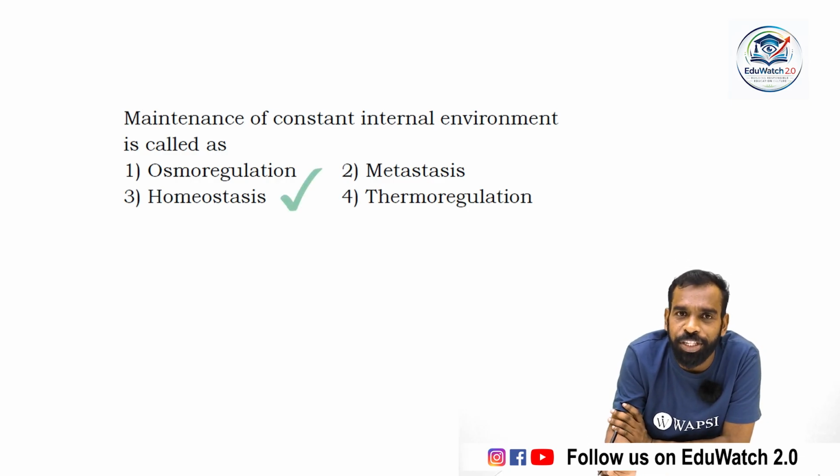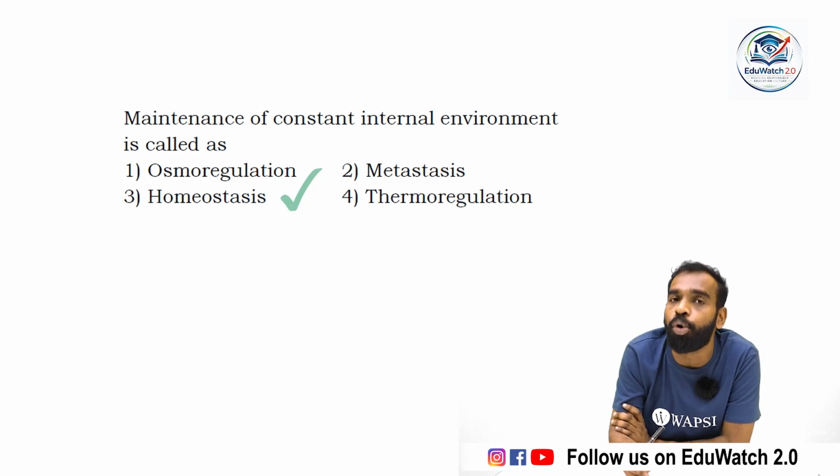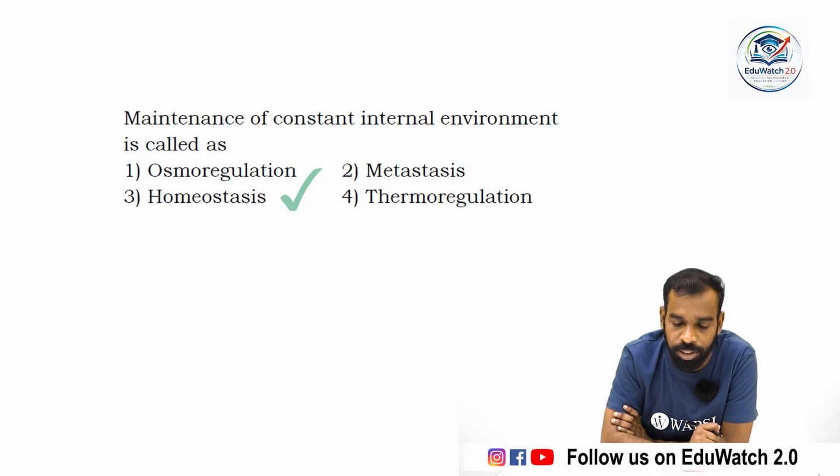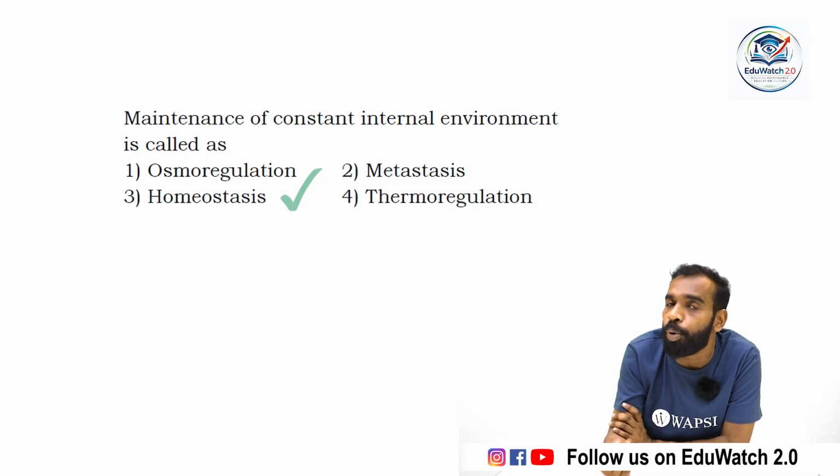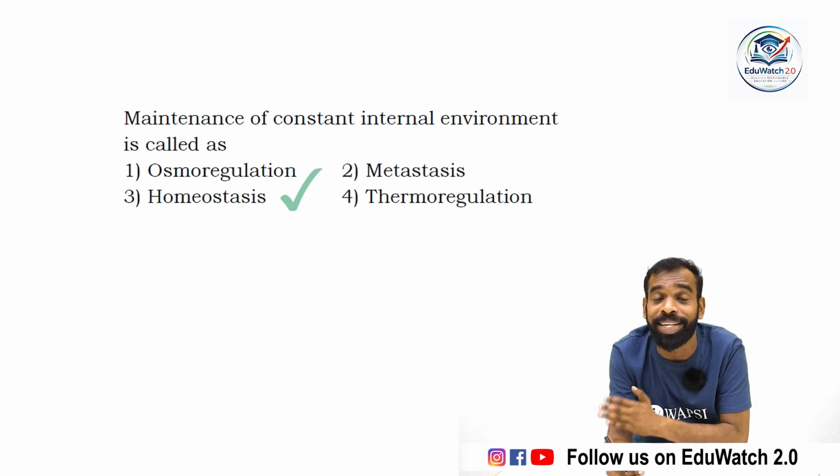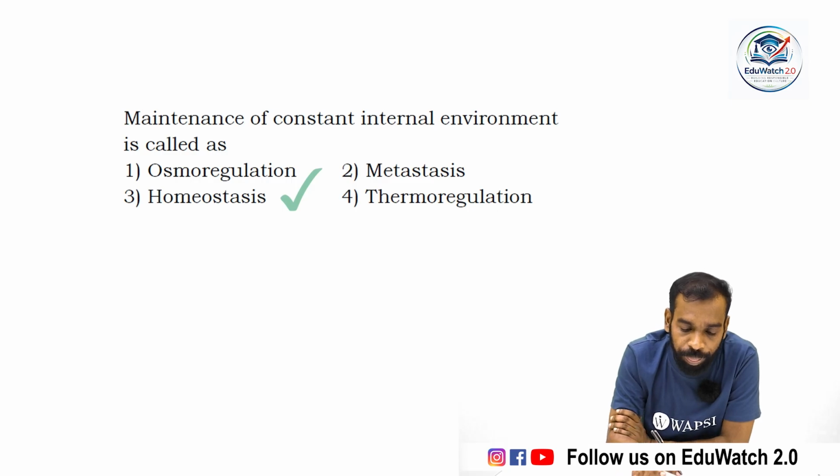What is osmoregulation? Maintenance of water and ionic balance within the body fluid is called osmoregulation. Metastasis is the spreading behavior of cancerous cells. Homeostasis is maintenance of constant internal body environment with respect to external environment.